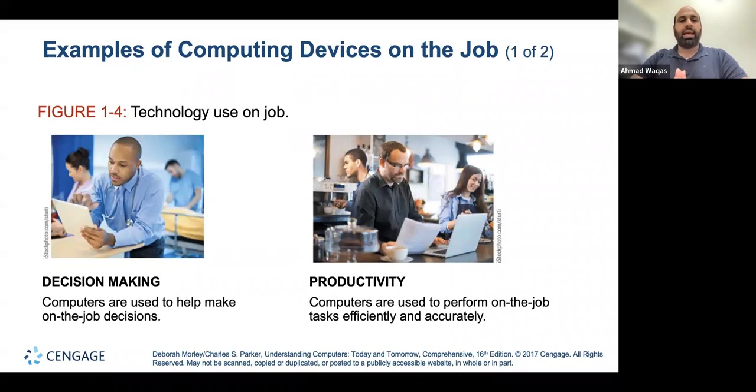So here you can see two examples. One on the left-hand side: decision-making with the help of computing devices. Technology can help many professionals make better decisions. For example, the doctor can decide better on the treatment with the help of the information system or computing system to diagnose and to prescribe the medicines.